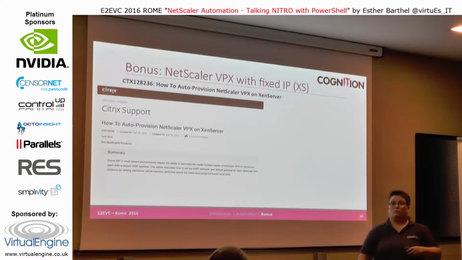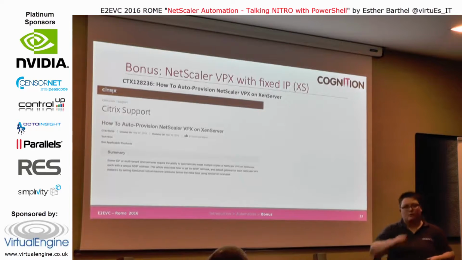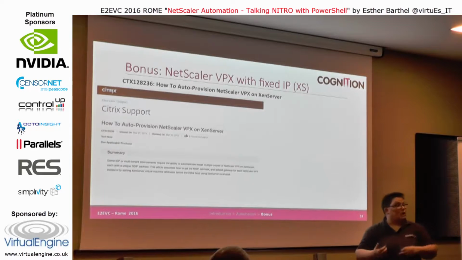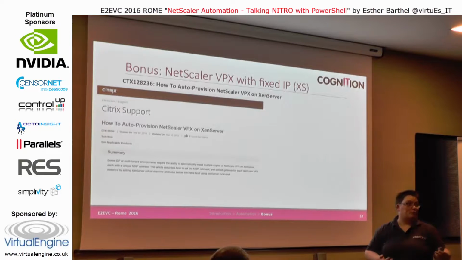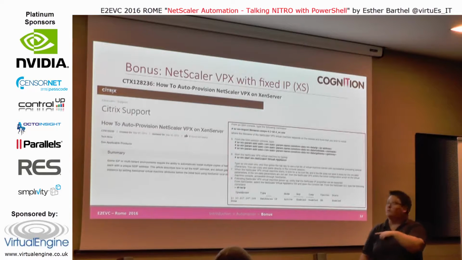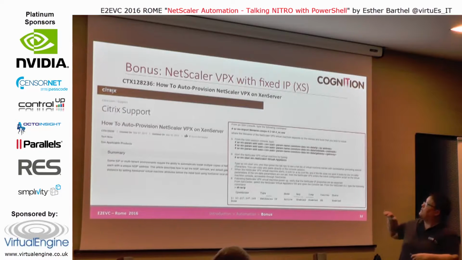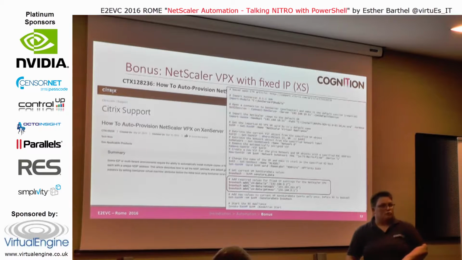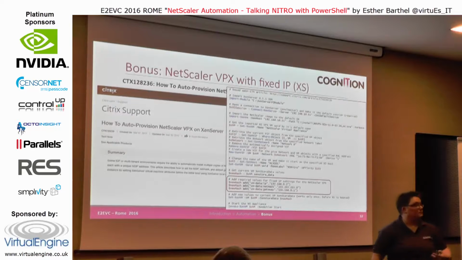And that was what I was looking for, because that would allow me to import the device, know which IP address it has as a NetScaler IP, and I'll be able to continue with my scripts to automatically start configuring it through NITRO. So I translated all the different XE commands that were in the article to a PowerShell script.